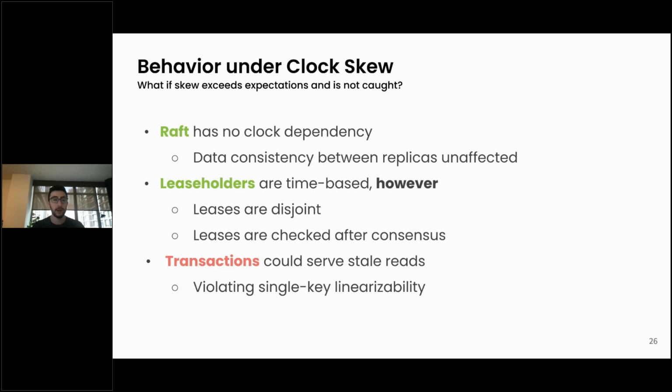This would violate linearizability. The interesting part to point out here is that isolation is preserved within CockroachDB regardless of clock skew. Cockroach will remain serializable independent of clocks. However, Cockroach loses its linearizability behavior if clocks are sufficiently skewed.